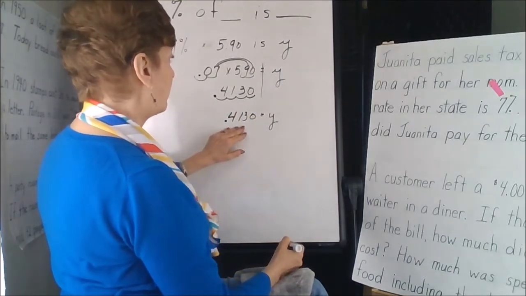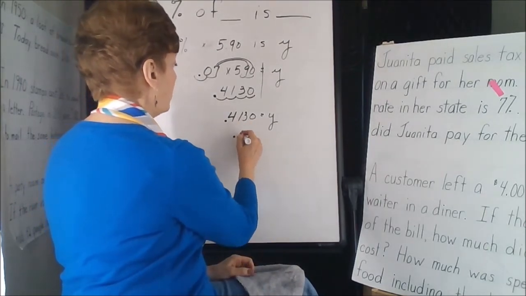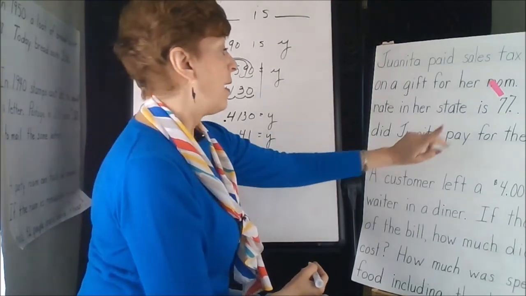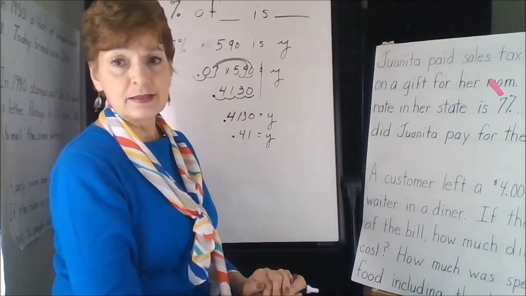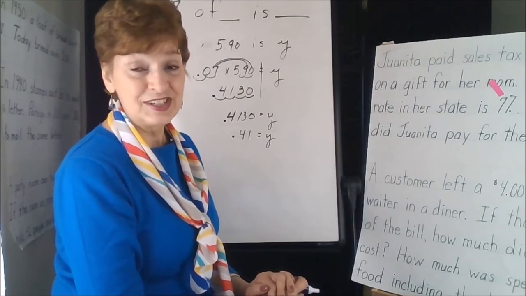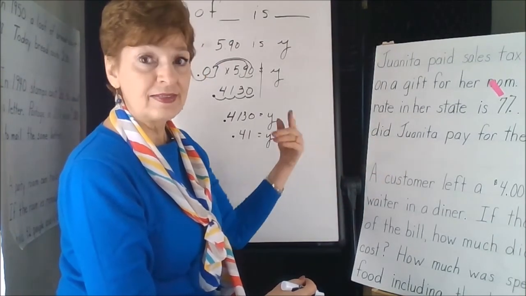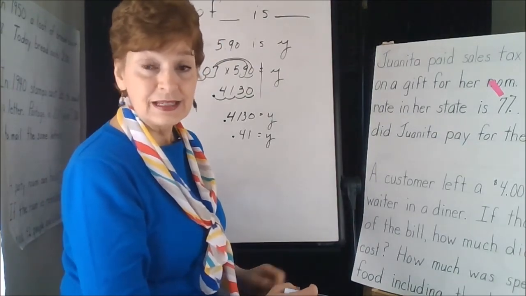This is money, don't forget. So we would only take it to like 41 cents equals y. Okay, how much did Juanita pay for the gift? 41 cents. That can't be right. Do you see how you could catch yourself by just making sure that the answer to the problem makes reasonable sense?